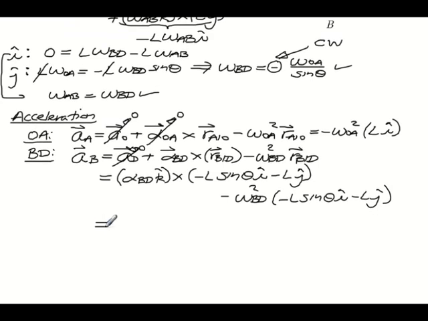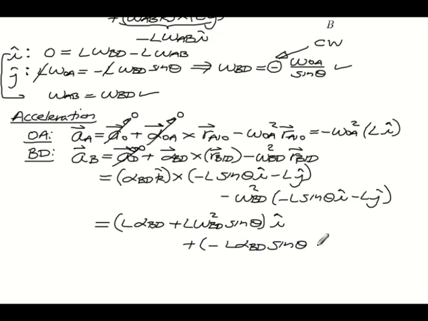Okay, so what I do is I cross through, I group together my terms, I get L alpha BD for an i contribution, I get an L omega BD squared sine theta. And for the j components, I get minus L alpha BD times sine theta, and I get a plus L omega BD squared. That's all in terms of j.